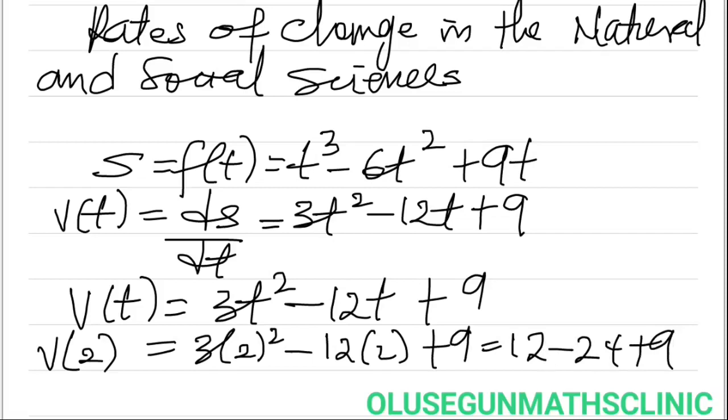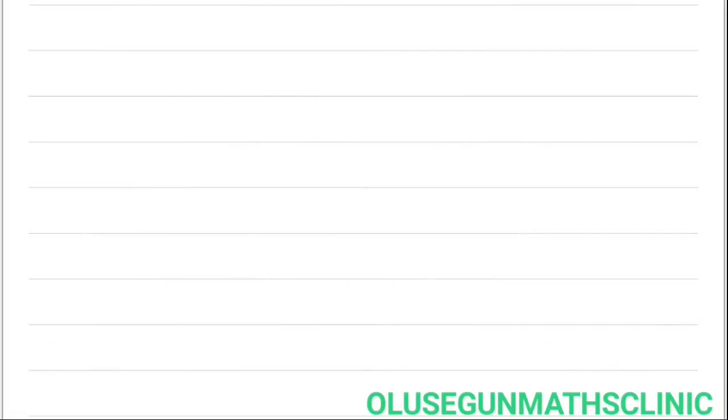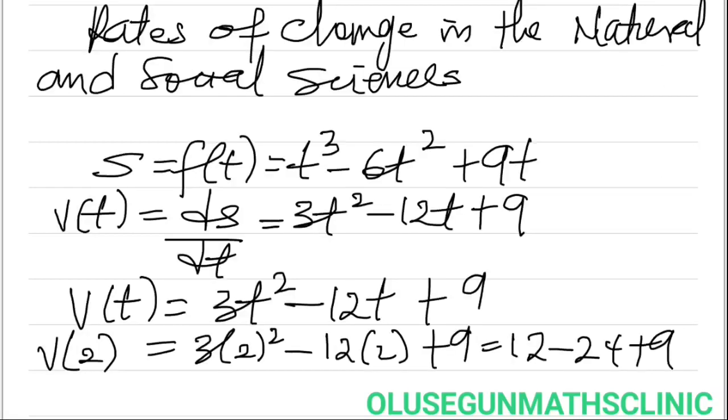So 12 minus 24 is minus 12, plus 9 gives minus 3 meters per second. So at time 2 seconds, our velocity is minus 3 meters per second.